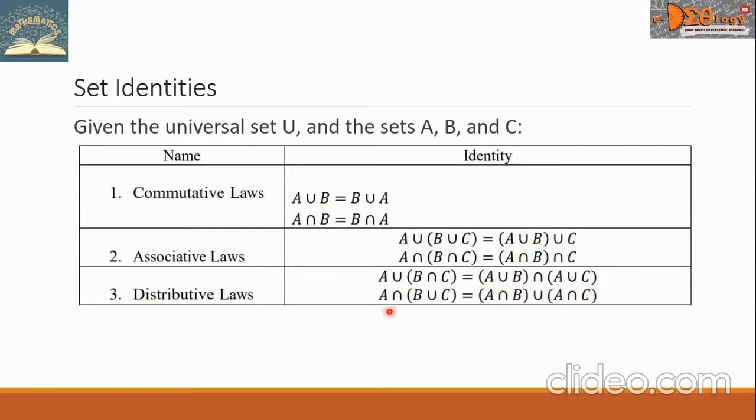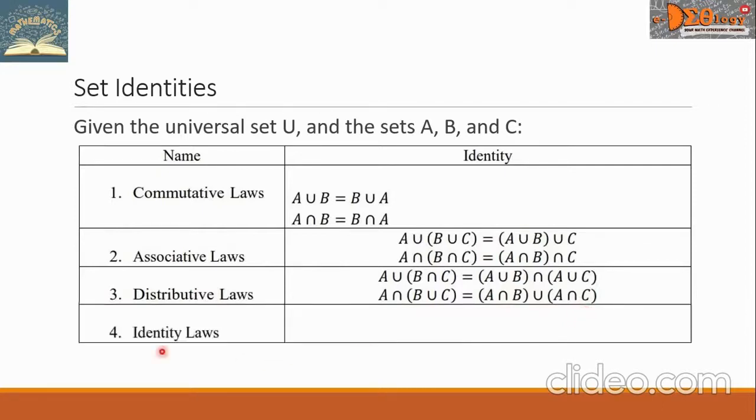Also, A ∩ (B ∪ C) equals (A ∩ B) ∪ (A ∩ C). Number 4 is identity laws. It says A ∪ ∅ equals the set A. Also, A ∩ U equals the set A.